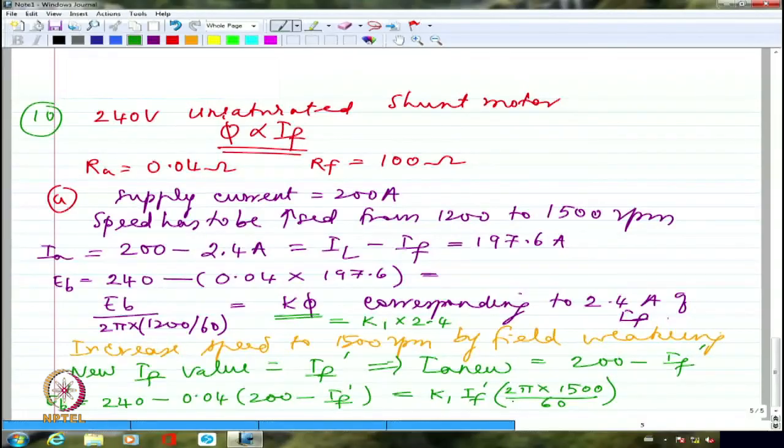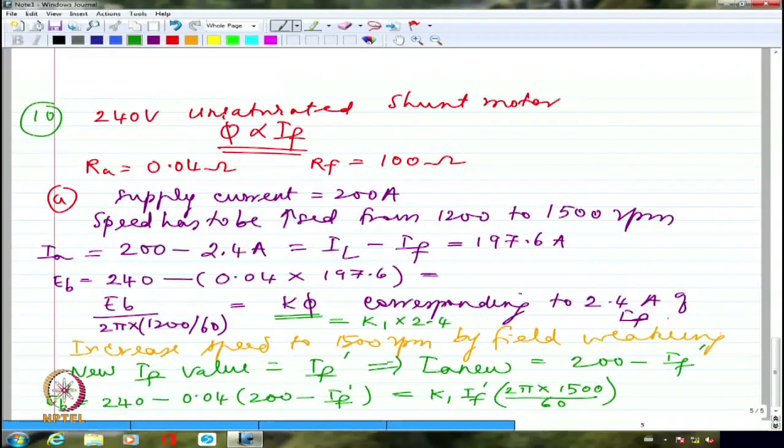I'm looking at the new value of back EMF at 1500 RPM, which can be expressed in the form of K1 into the new field current multiplied by 2 pi into 1500 by 60, from which I should be able to solve for IF dash. Is that clear? So IF dash can be solved for. Once I solve for IF dash, piece of cake.